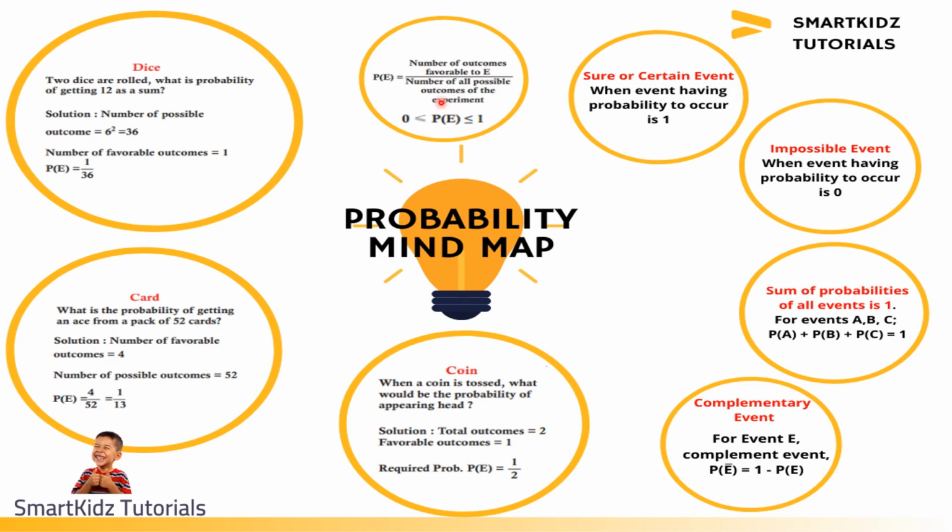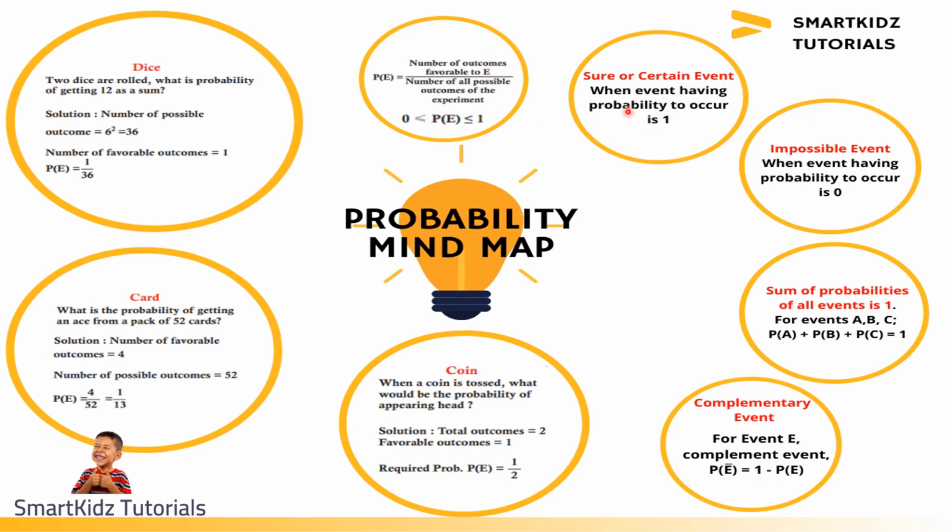Now, whenever we are sure or certain of an event happening, we say the probability of that particular event is 1. That's when the numerator and the denominator, if we apply this formula, will become the same. The numerator is the same and the denominator is also the same.